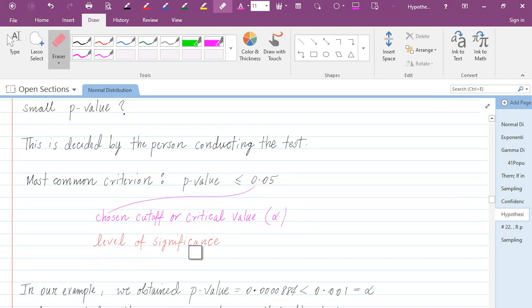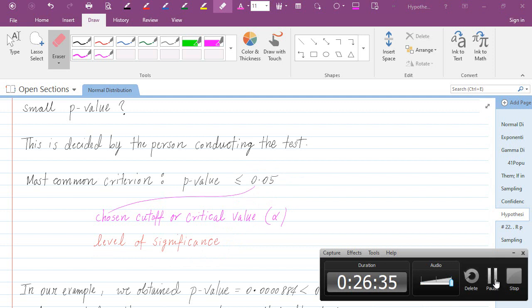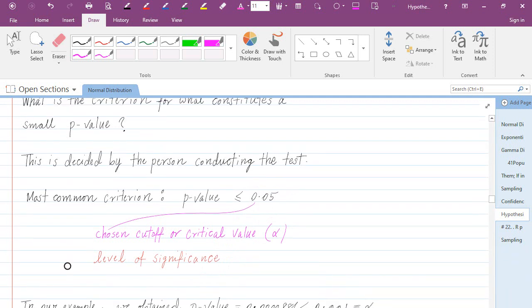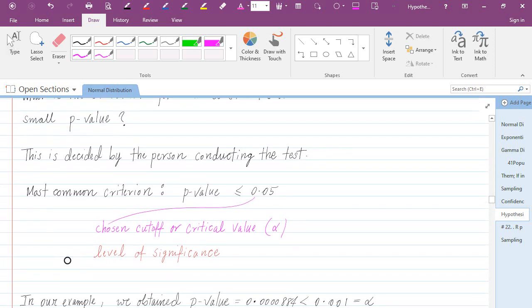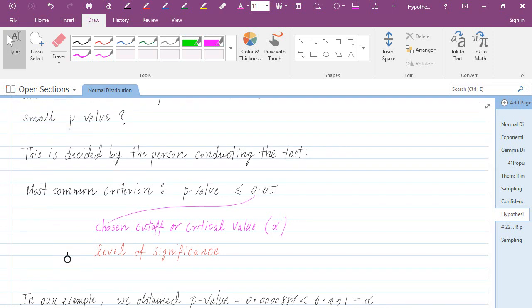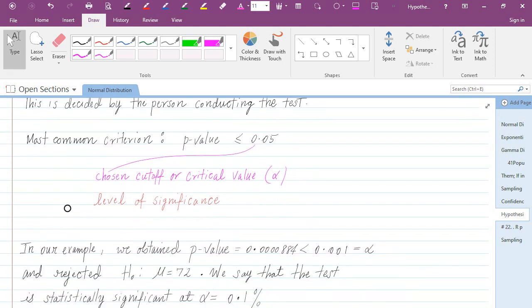This is called the level of significance, and you have to set the level of significance ahead of time. So 5% is pretty standard. The level of significance must be decided by the person who is conducting the test.